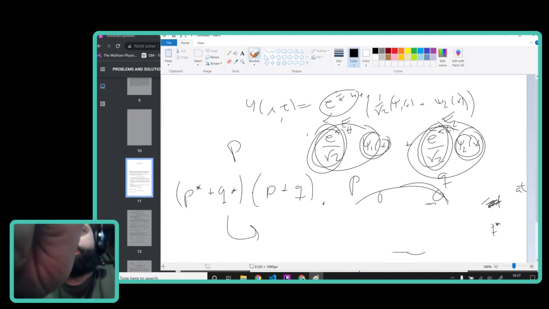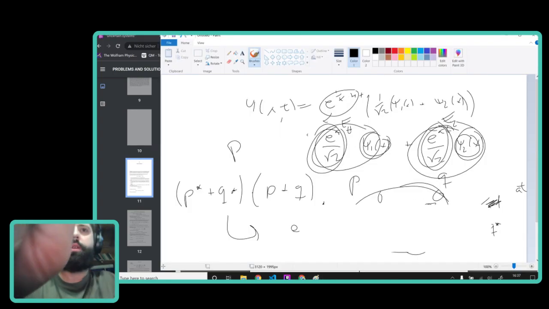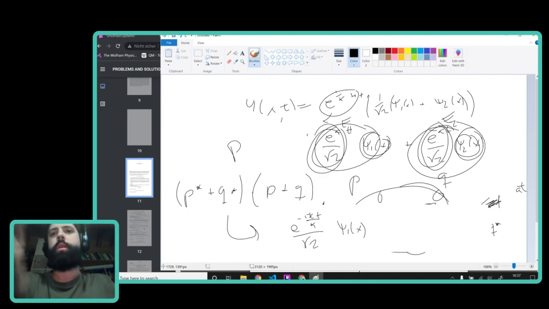So we will have basically the E, and then, so what was that? So that was like minus i E t divided by the Planck constant and square root of 2. So that's the component of, say, psi 1x transpose.